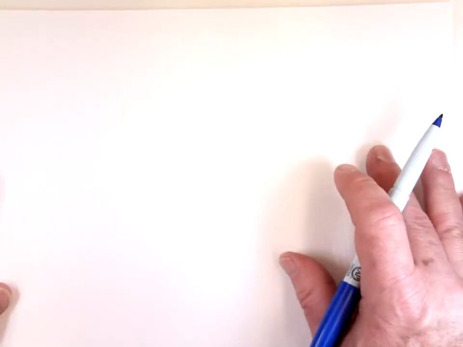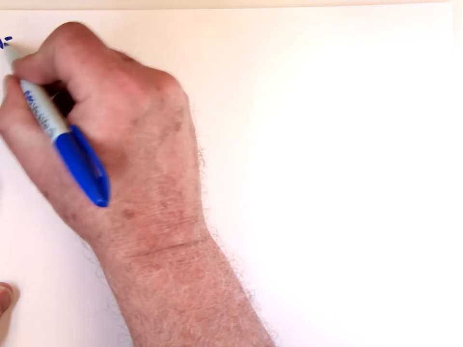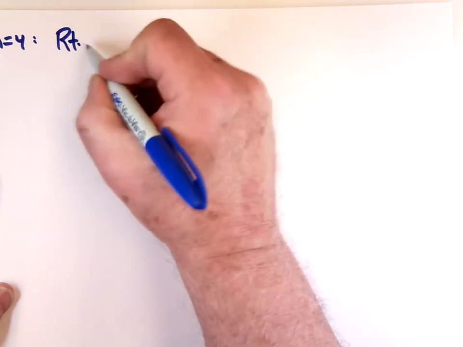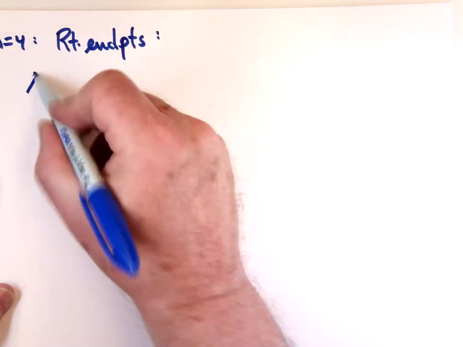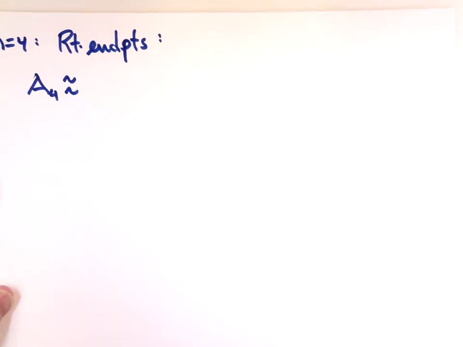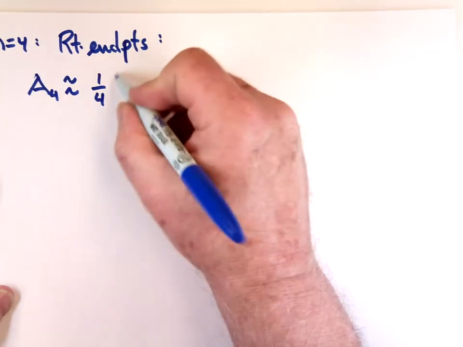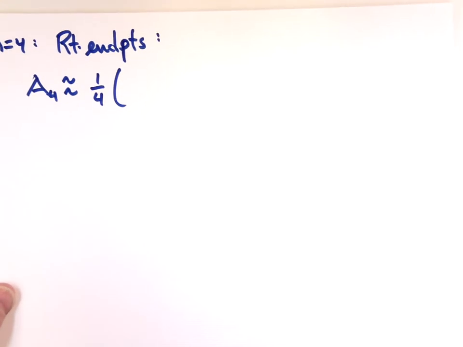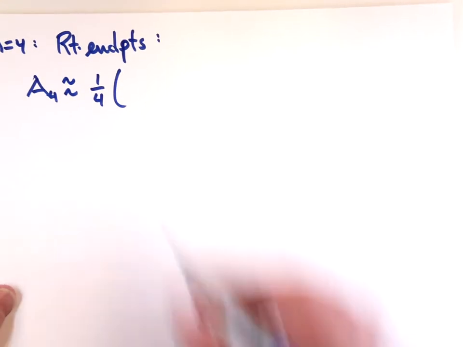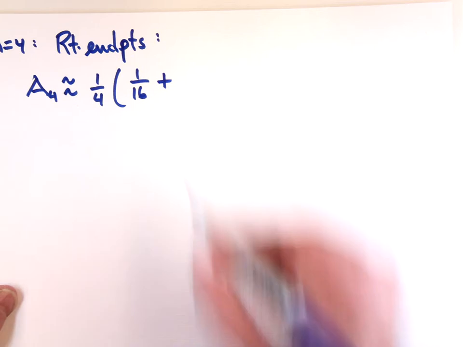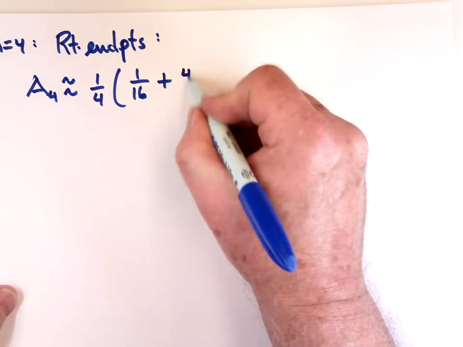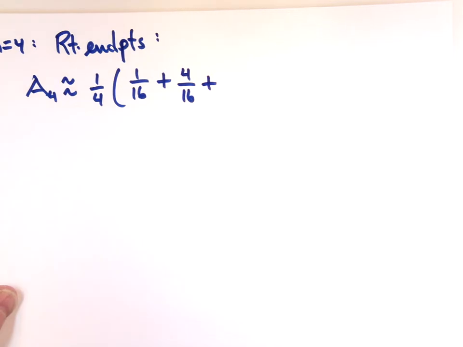So, in terms of right endpoints, n equals 4. My area is approximately equal to, now I can take out a fourth out of everything. Now, I get f of 1/4. That's 1/4 squared, that's 1/16, plus 1/2 squared. That's 1/4. I'm going to write it as 4/16 plus 3/4 squared, 9/16, plus 1 squared is 1.